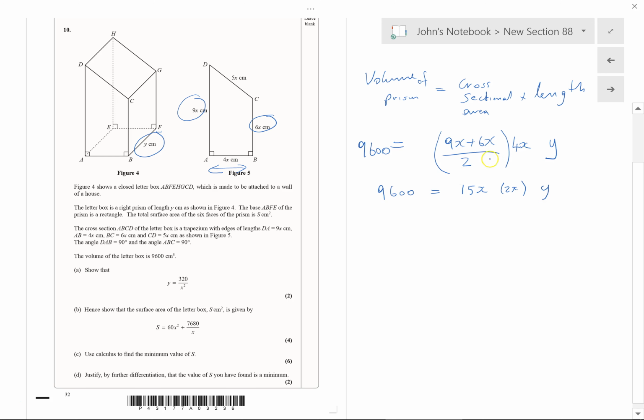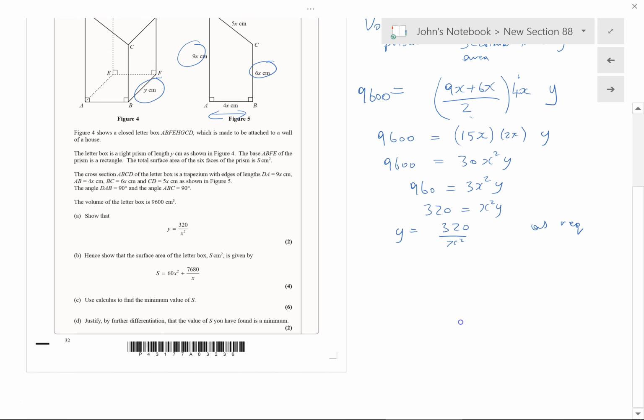I've divided the 4 here by the 2 here. So that's 30x. So 9,600 is equal to 30x squared y. So that's 960 is equal to 3x squared y. Divide that by 3, we get 320 is equal to x squared y, so y equals 320 over x squared as required.